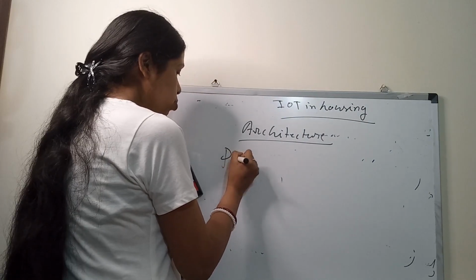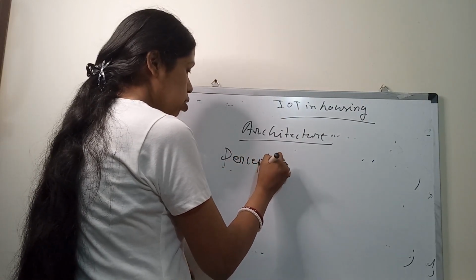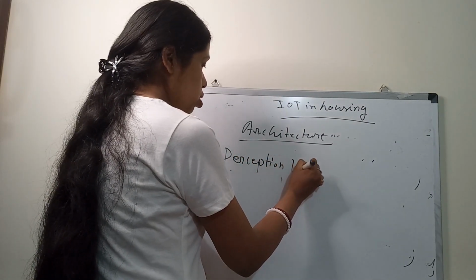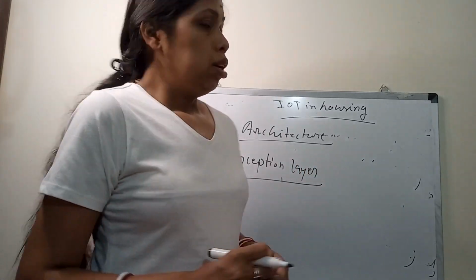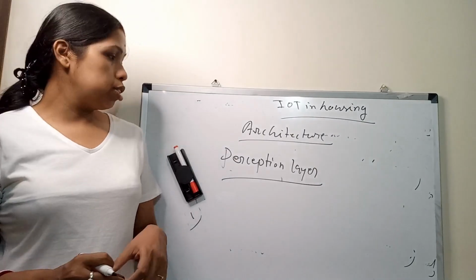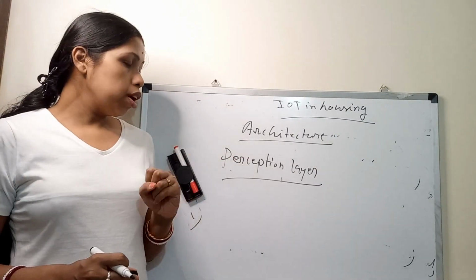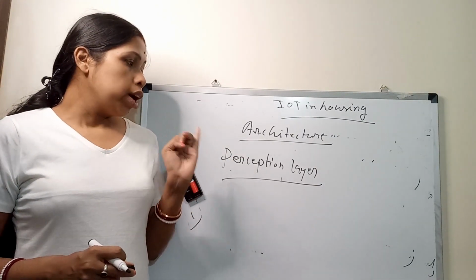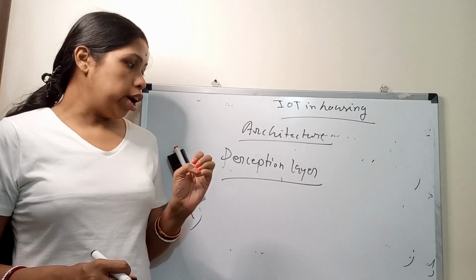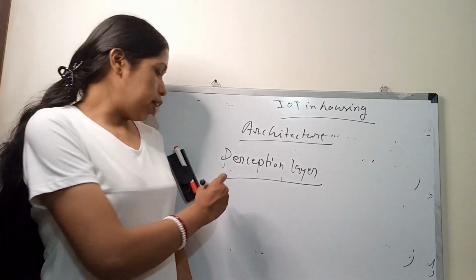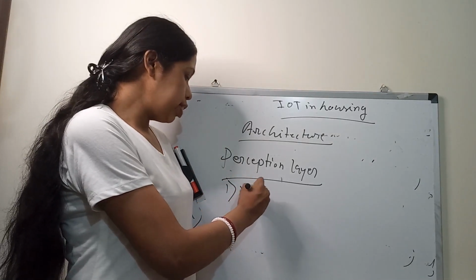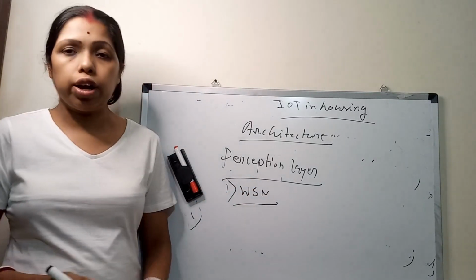Now the perception layer. In the perception layer, normally sensors are required. What kinds of sensors are required for making the perception layer? First, one is the WSN, wireless sensor network.